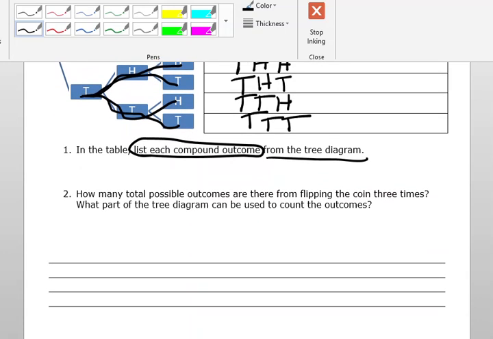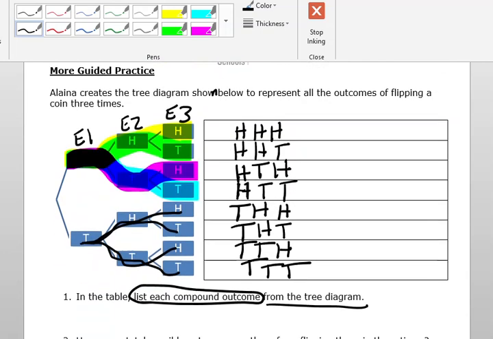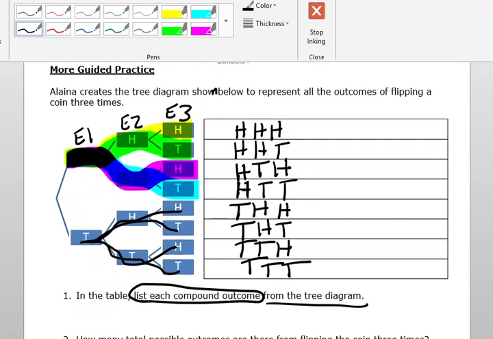How many total possible outcomes are there from flipping the coin 3 times, and what part of the tree diagram can we use? Okay, so the total number of outcomes, I know by looking here, is 1, 2, 3, 4, 5, 6, 7, 8. There are 8 total outcomes. Let's see if that fits our product rule. So if I have a choice between heads or tails, times the choice between heads or tails, times the choice between heads or tails, I'm going to get 8, okay?